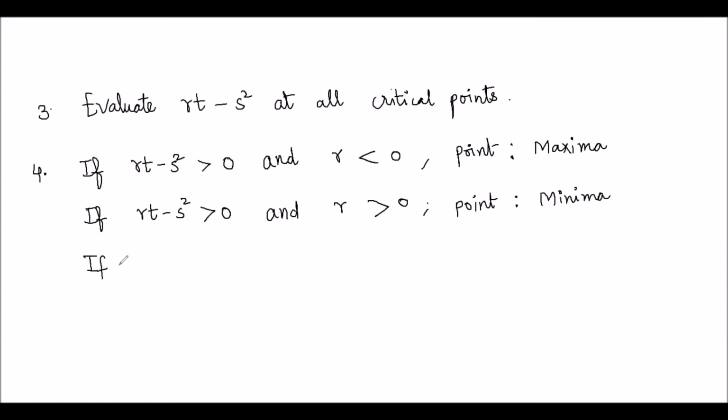If rt minus s square is less than 0, and here we don't have any condition on r, because if rt minus s square is less than 0, in that case the point is a saddle point.